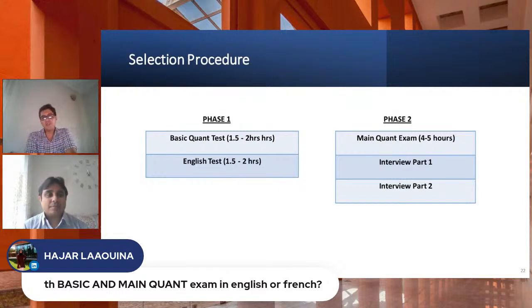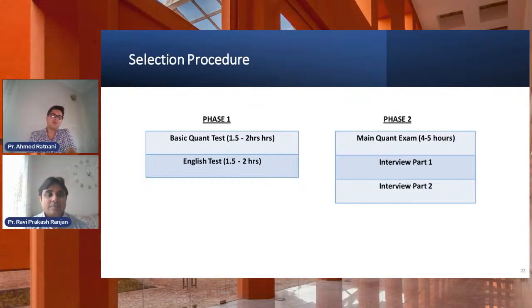The program will be taught in English, which means starting from the first year, all the courses will be in English. So students will have to work on the English language, but for the exam, we don't want to discriminate between French and English. We will be offering courses on languages.